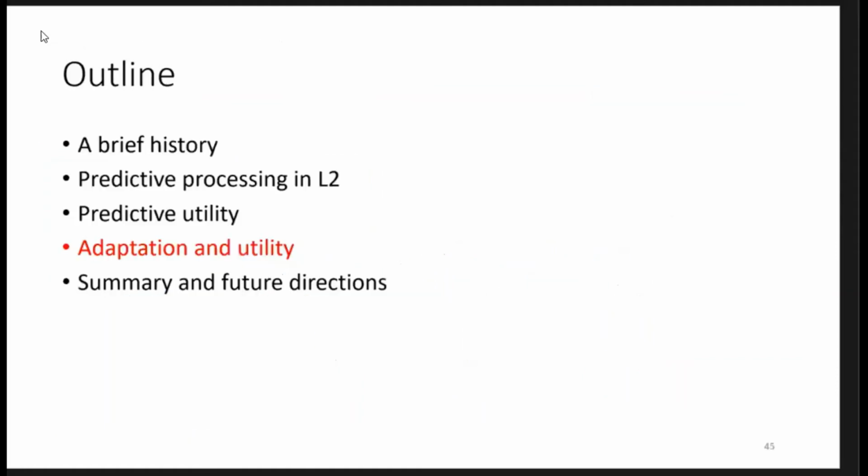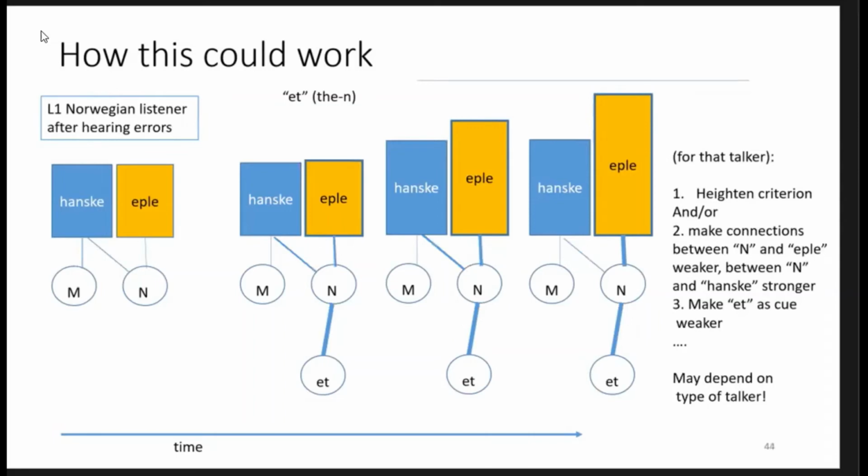Or they can say, maybe for that speaker, or for that group of speakers, the predictive relation between the determiner and the noun is not as strong. And that might generalize over whole groups of L2 speakers, perhaps. There's some evidence from ERPs that people indeed generalize across L2 speakers and are less sensitive to particular errors that some L2 speakers make, but not others.